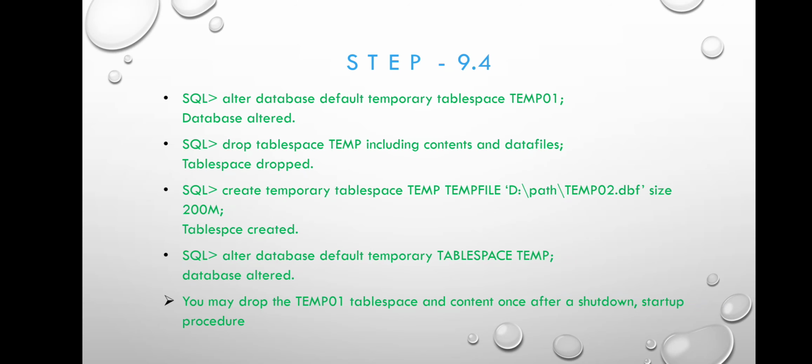Now you can create a tablespace with the previous name, like the one we have dropped, temp1, again with the same previous tablespace name if you want, and make it default, and then drop tablespace temp01 previously created, as it is not required now. It is totally up to you.